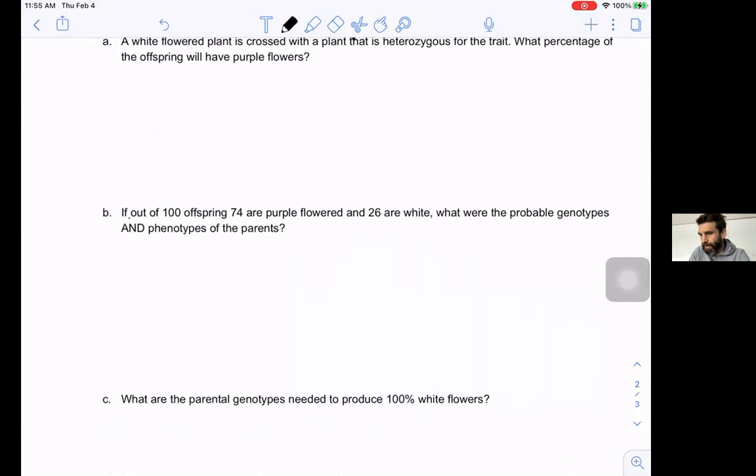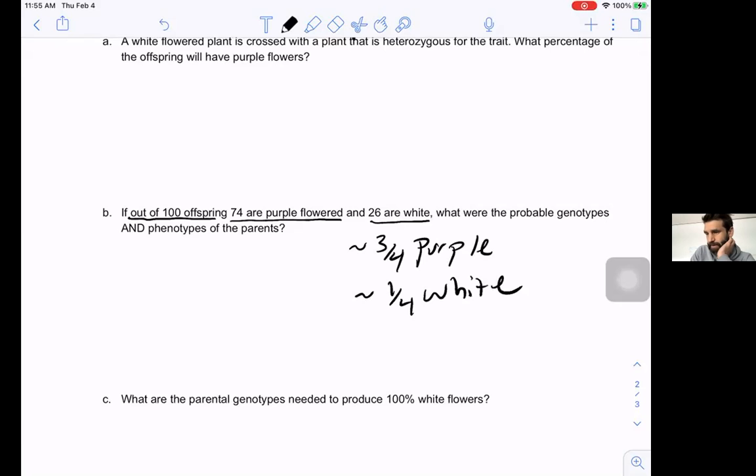Let's try B here. If out of 100 offspring, 74 are purple and 25% are white, what are the probable genotypes and phenotypes of the parents? Well, that is approximately 3 out of 4 are purple and approximately 1 out of 4 are white. And remember that the dominant gene is purple and the recessive gene is white.